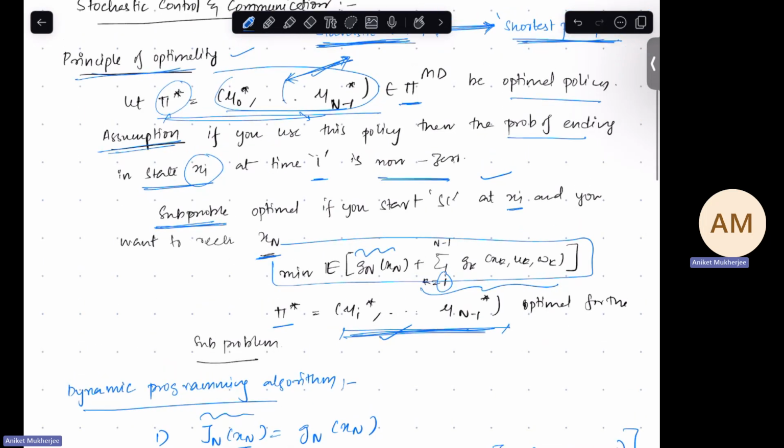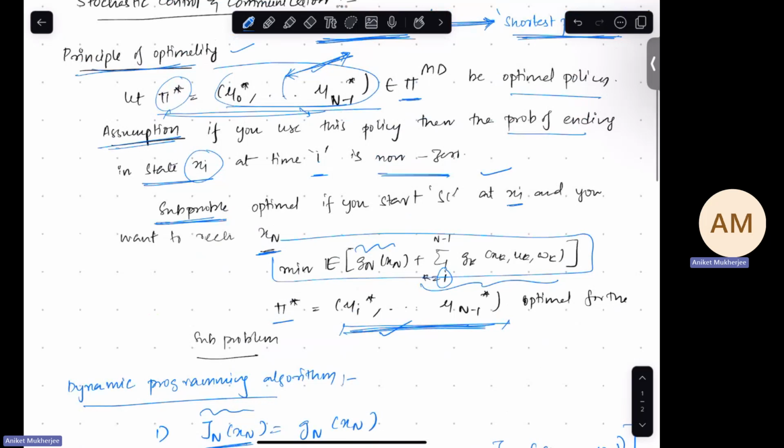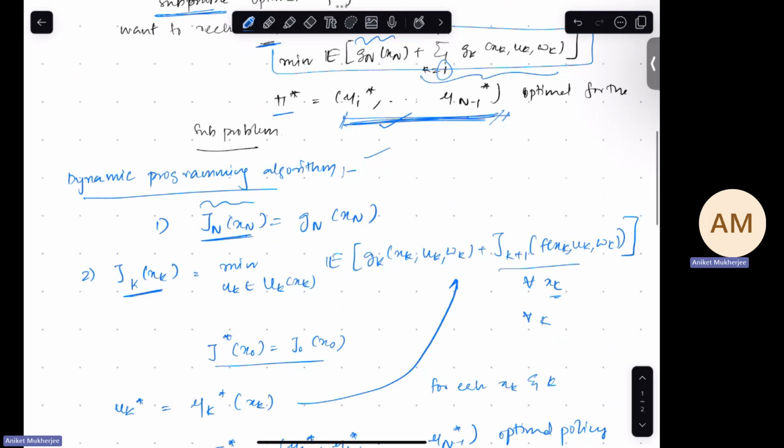This is what the principle of optimality suggests, and based on it we have come up with the dynamic programming algorithm. You find the J cost functions for every time step in a recursive way from the back. First you do it for the end state, where you just put in the terminal cost.